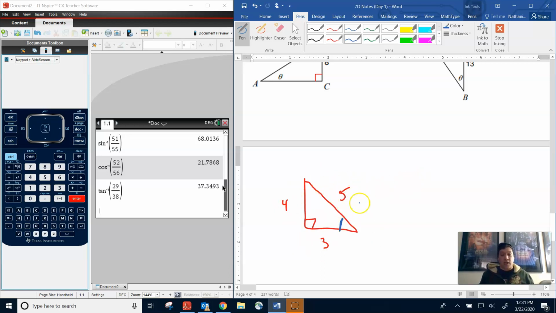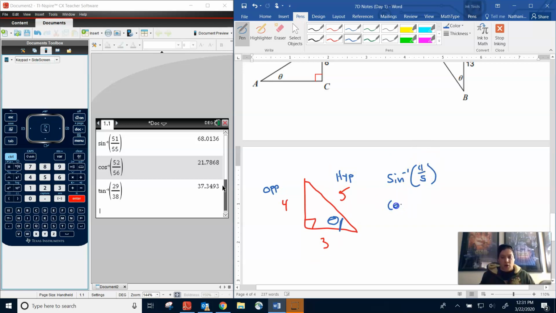You could use sine, cosine, or tangent to find this angle, and you would get the same thing no matter what. So, for instance, let's try to find our theta. Let's use sine inverse. Well, what's your sine? That would be the opposite over the hypotenuse. So that would be 4 over 5.